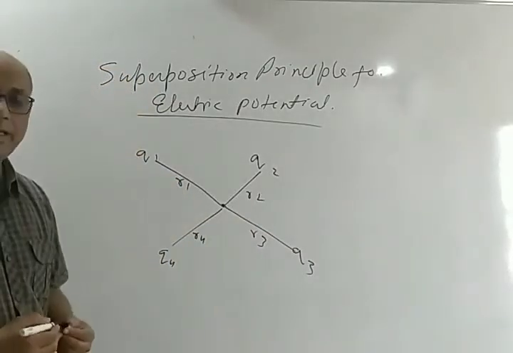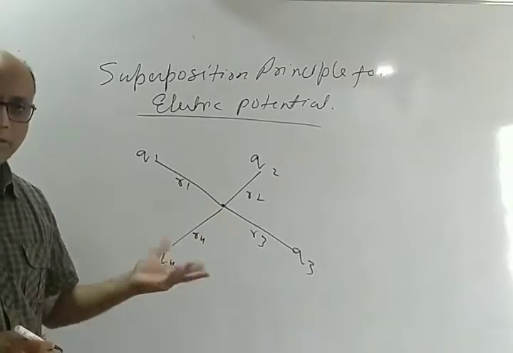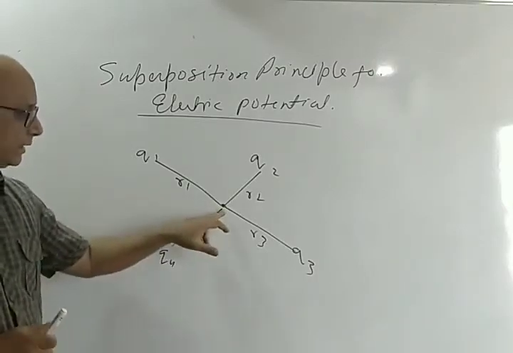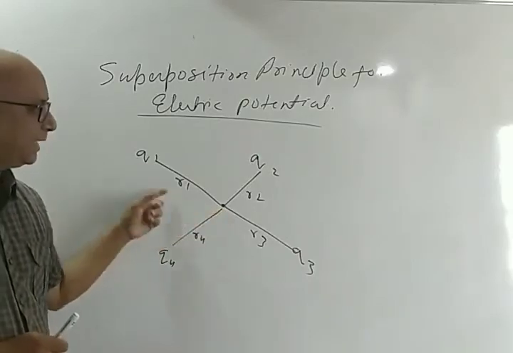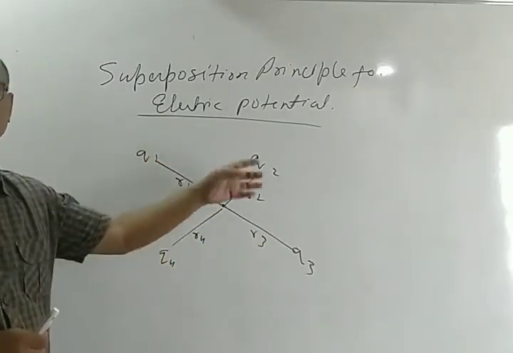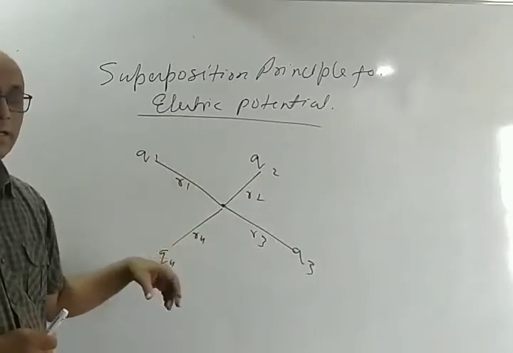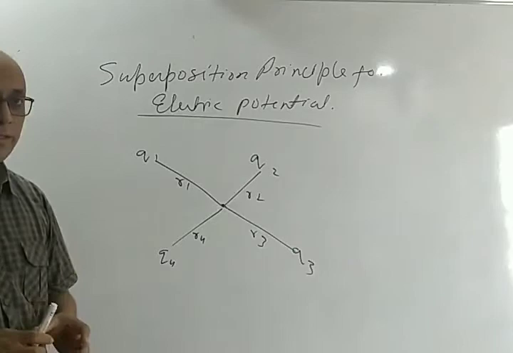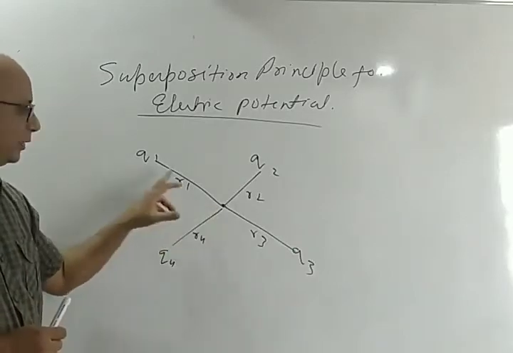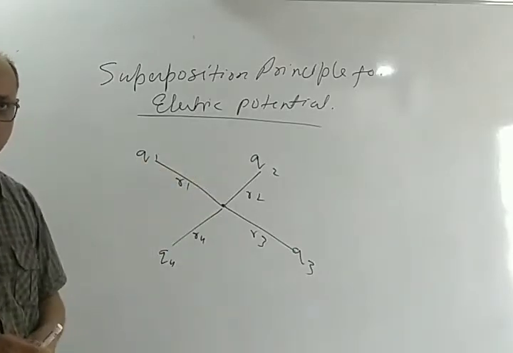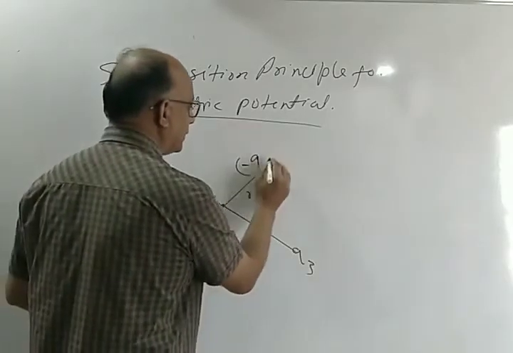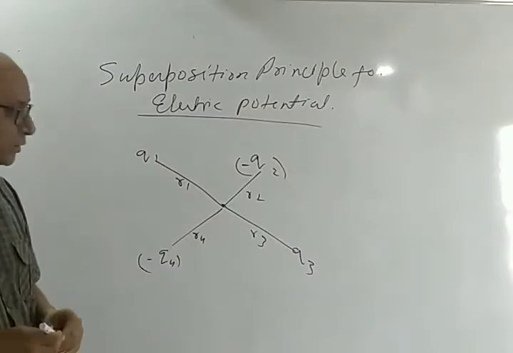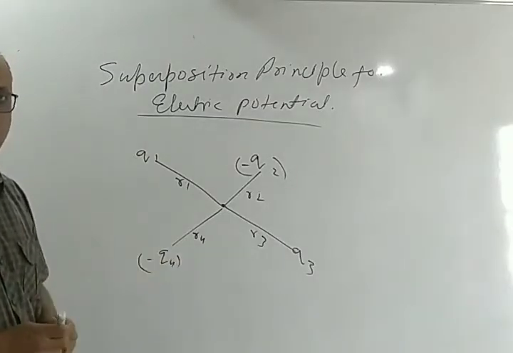You know, electric potential is basically work done per unit charge, and work done being a scalar quantity, electric potential at this point is going to be the algebraic sum of all the electric potentials due to these charges. And once we talk of algebraic sum, there should be a difference between electric potential due to a negative charge or a positive charge. Suppose this charge is a negative charge, this charge is a negative charge. Then the expression for electric potential is going to change.